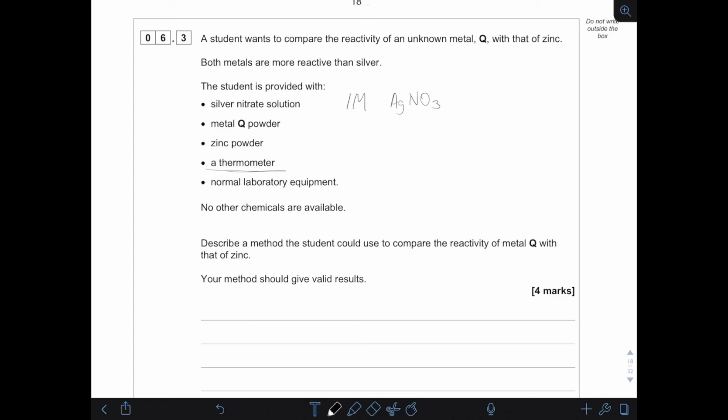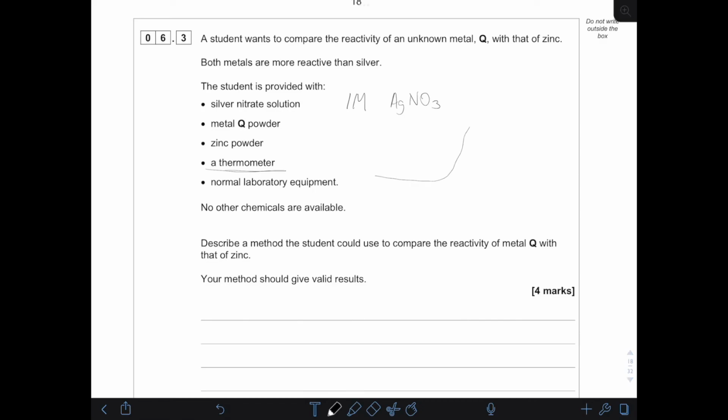So what you do is add the excess metal into the sulfur nitrate solution, stir it, and then measure the temperature change. You should have the initial temperature at room temperature, and then after addition of the metal you should get a temperature-time graph.